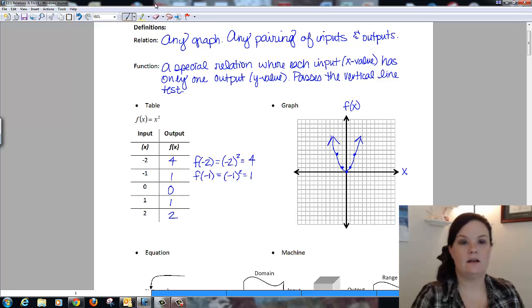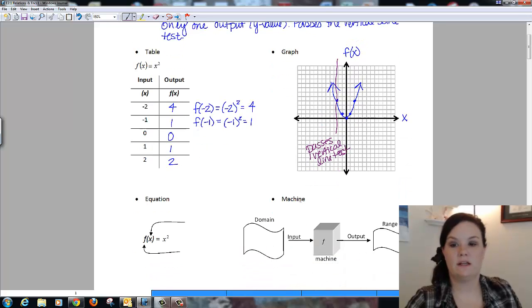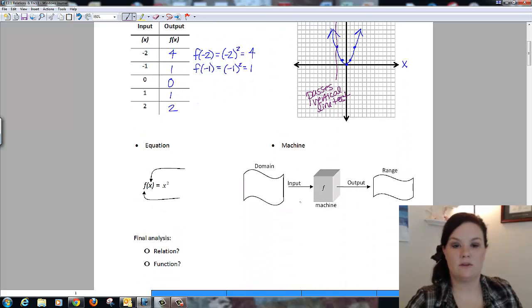Okay, and I'll just put over here, let me use a color that shows up a little bit better. I'm just going to put down here, passes vertical line test. Okay, so let me go ahead and come down a little bit. Let's look at another way.